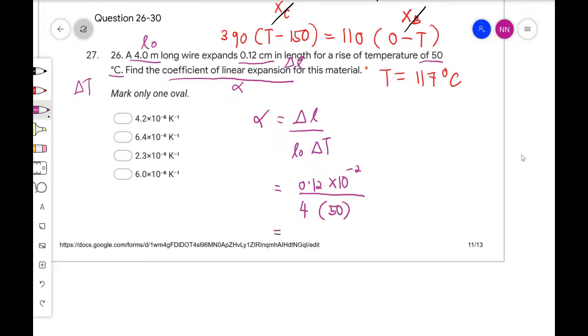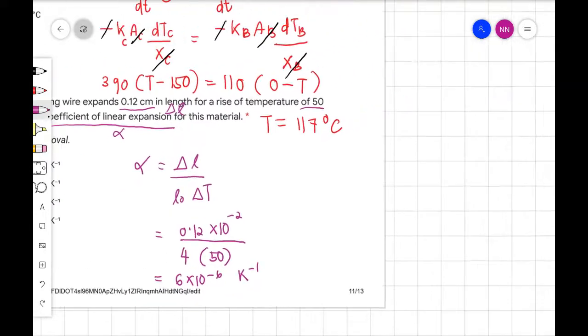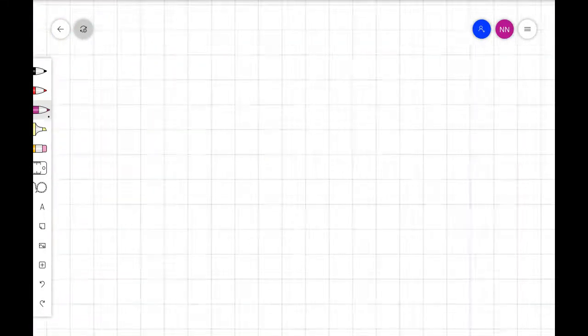So alpha equals 6 times 10 to the power of negative 6 per Kelvin, or per degree Celsius. So this is number 26. And then number 27.